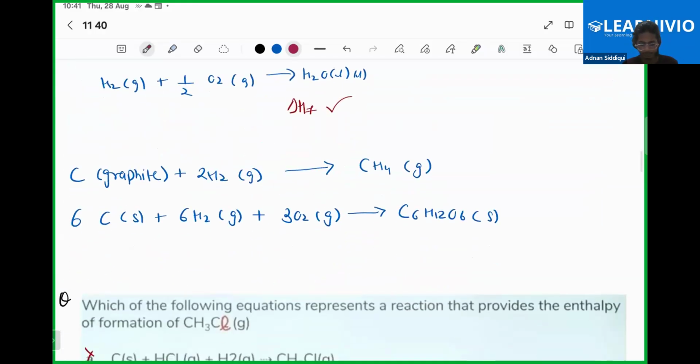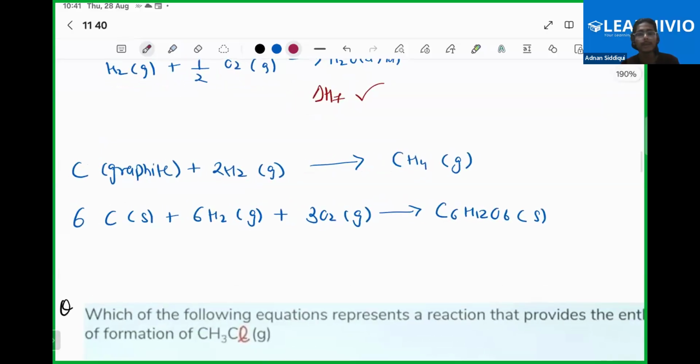Now, if you have to make CH4, think again. If I have to make a sabji, I will get my potato and my other ingredients and mix them. So if I am going to get carbon, carbon will be in which form? Normal carbon form, right?